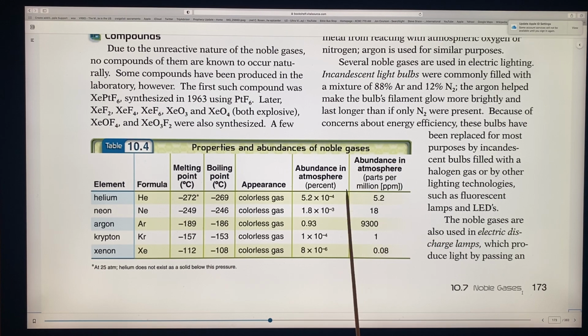Its abundance in the atmosphere is 1 part per million. And then xenon has a melting point of negative 112 and a boiling point of negative 108 degrees centigrade, a colorless gas. So you can see the properties and the parts per million, where some are quite a bit more abundant than others.